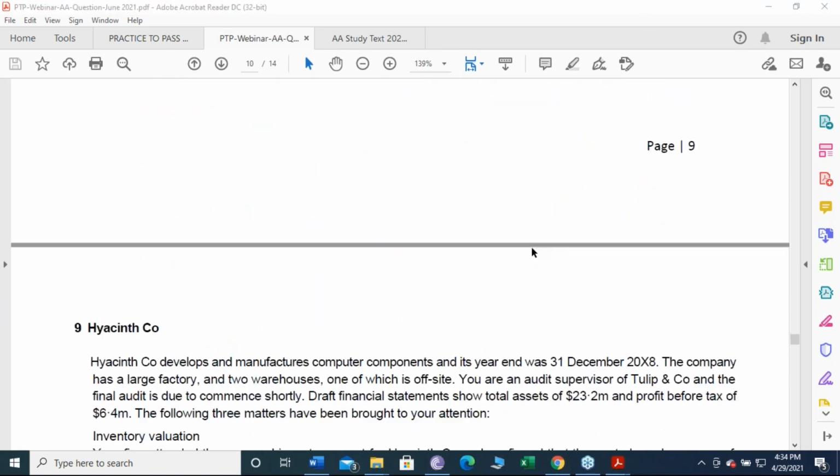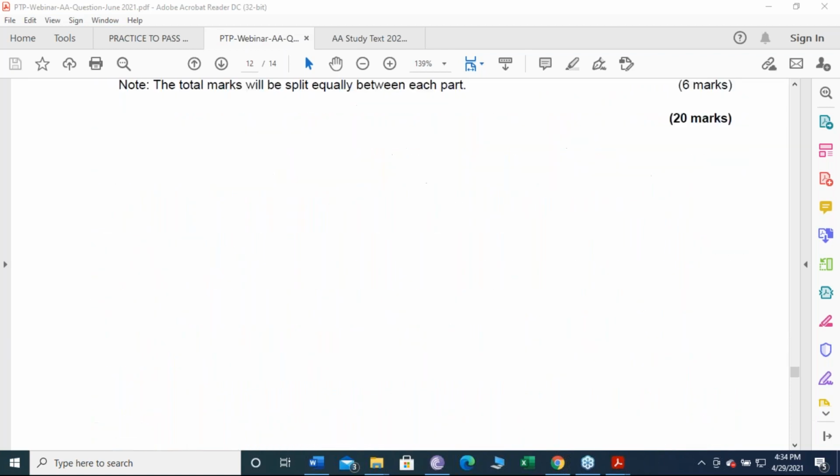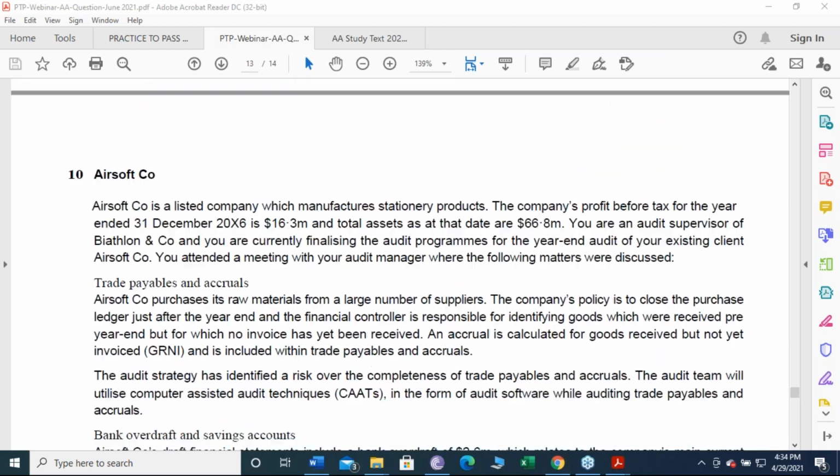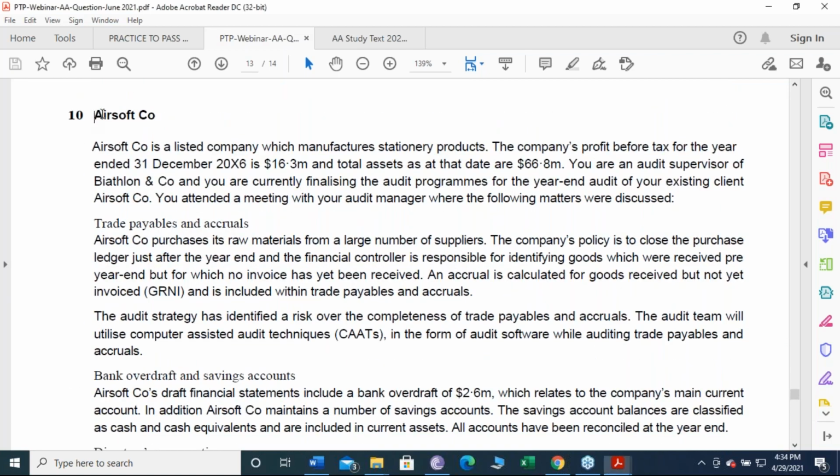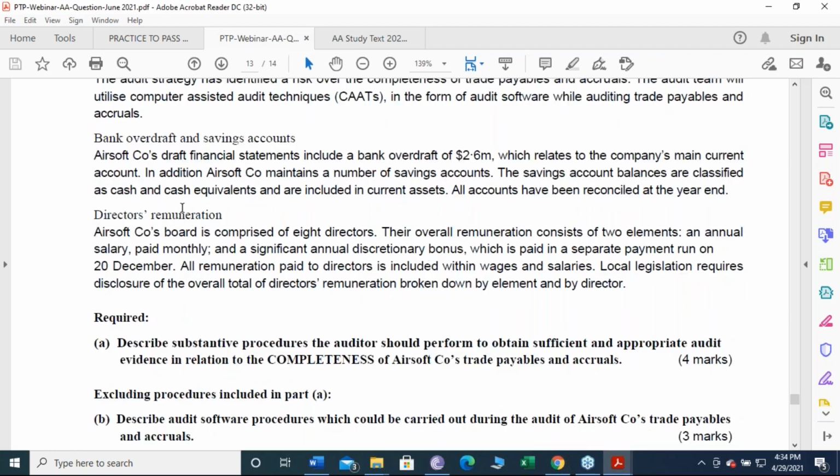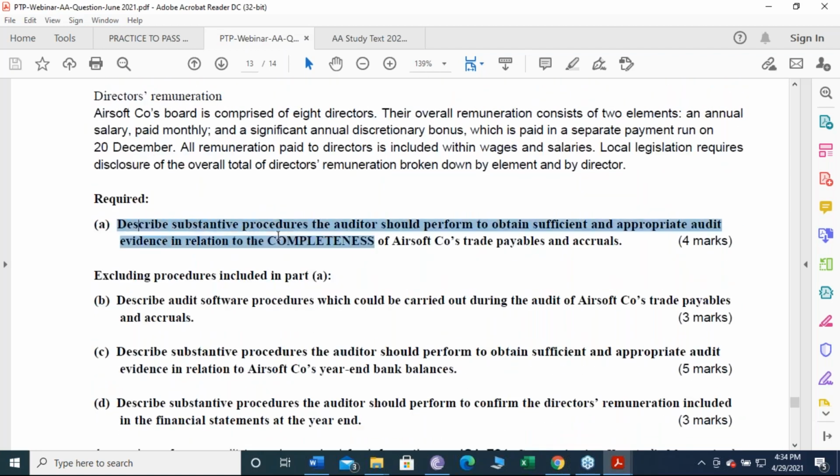Okay, the last question for the day is called Airsoft Company. Describe the substantive procedures the auditor should perform to obtain sufficient appropriate audit evidence in relation to the completeness of the Airsoft Company's trade payables and accruals.